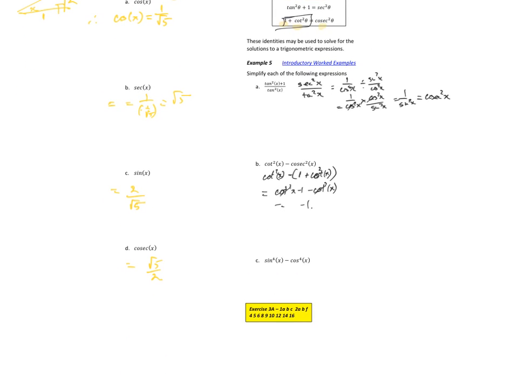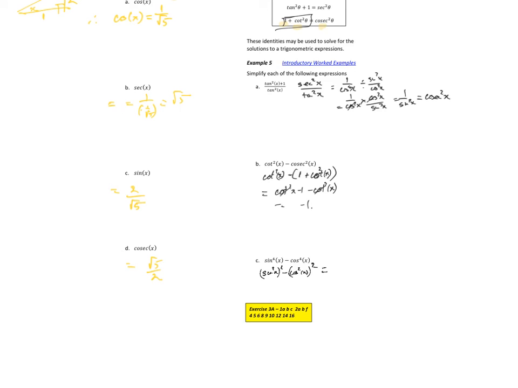What about sine to the 4x minus cos to the 4x? It looks a little bit like a squared minus b squared, doesn't it? So what if I write it as sine squared x, squared, minus cos squared x, squared? Then I do have one term squared minus another term squared.